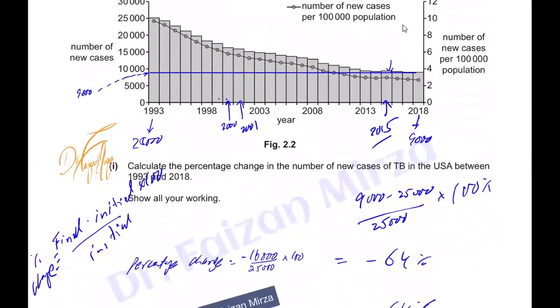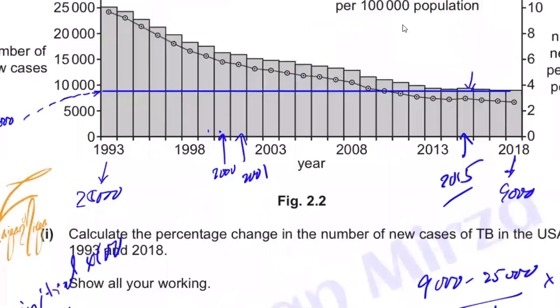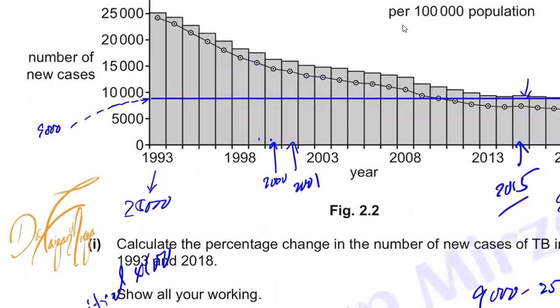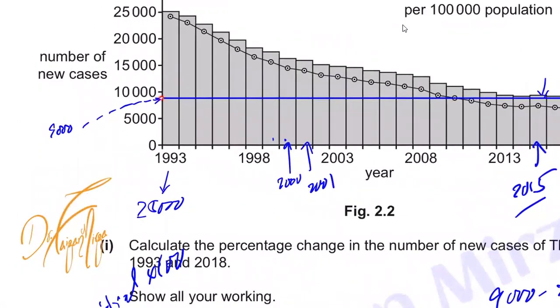You have to make sure that you read off the values with precision. You should draw a line with the scale, so you read off the actual point. If this is 5,000 and this is 10,000, you can divide it into four equal parts, and they are asking for this division, so this must be 9,000.